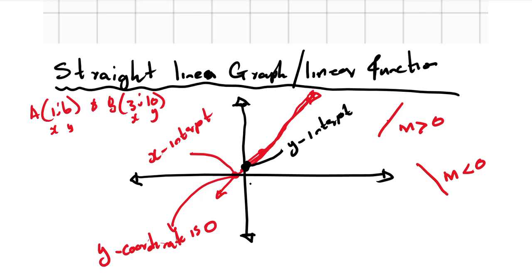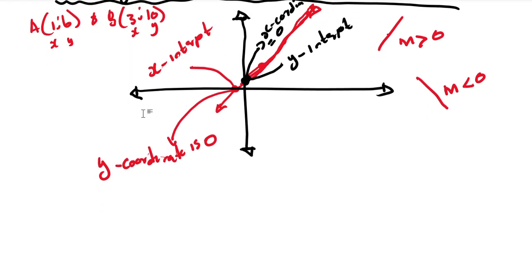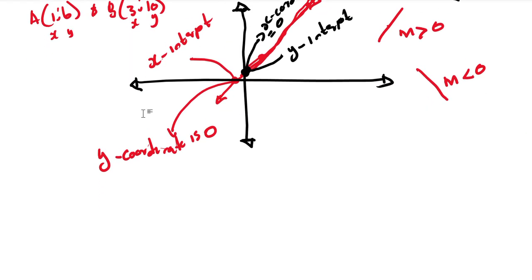So we have to know that our x coordinate equals 0 at this point. That's why when they ask you to calculate the x-intercept, you must know that on the x-intercept we let y equal 0, and on the y-intercept we let x equal 0.